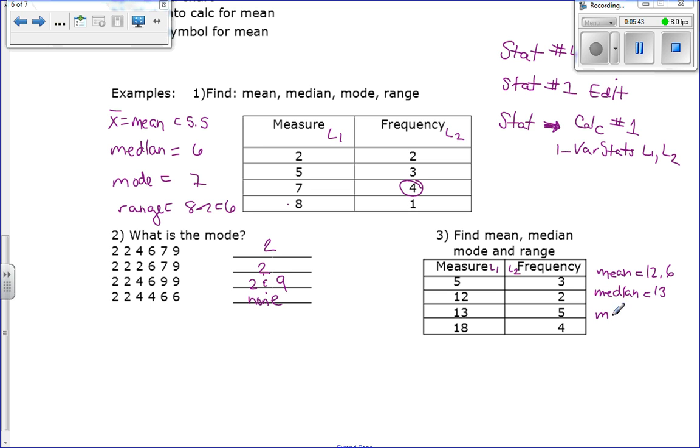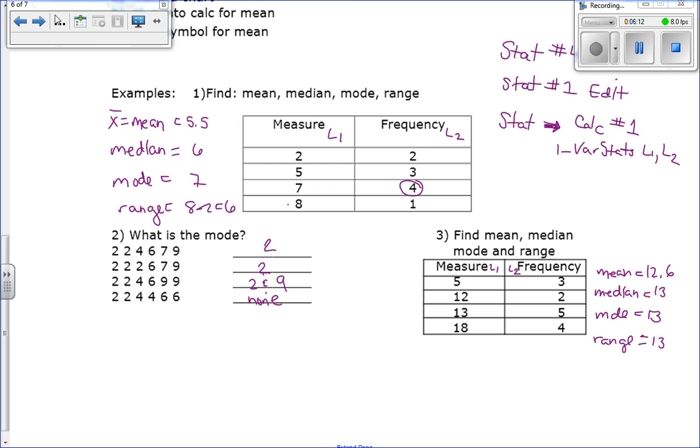The mode is also 13 in this case. And the range, top minus bottom, or highest minus lowest, is 18 minus 5, which is, again, 13. We will practice a lot of the stuff in class with the calculator work.